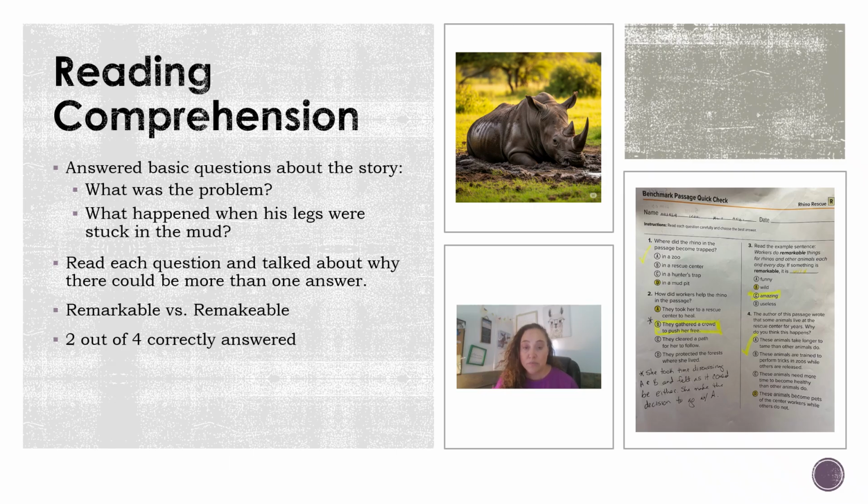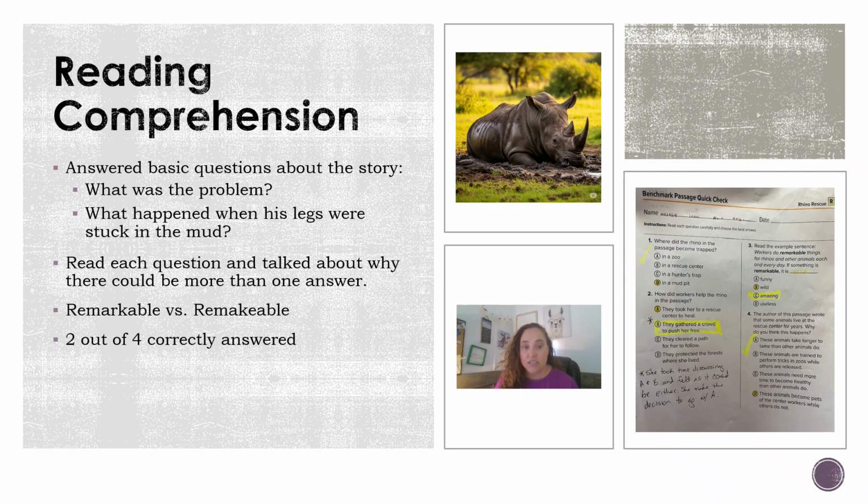It's normally a more difficult word that students may not know. And she did not get that the word was remarkable. She thought the word was remakeable. So I think that is possibly one of the reasons why it was difficult for her to answer that, because none of those answers may have made sense, or she may not have known the other vocabulary words, the similes that were there as well.